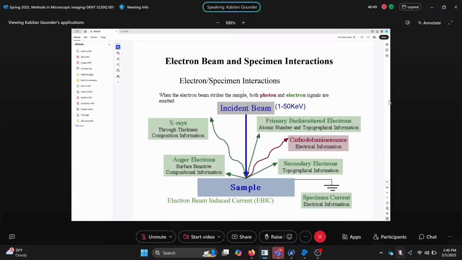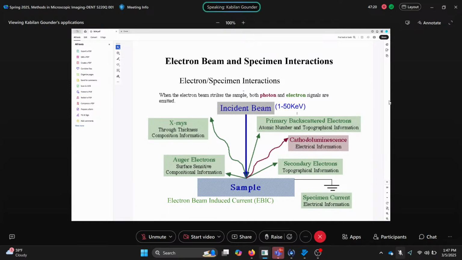If you have different signal detectors, you are able to see all these signals. One is backscattered electrons, secondary electrons, X-rays, so these are all very, very important. Cathodoluminescence. You can detect all of these if you have these instruments along with the scanning electron microscope.